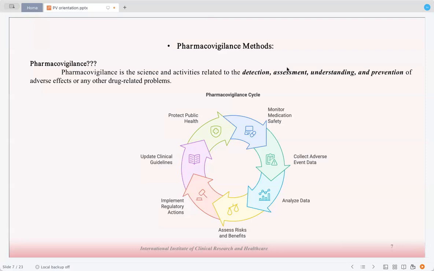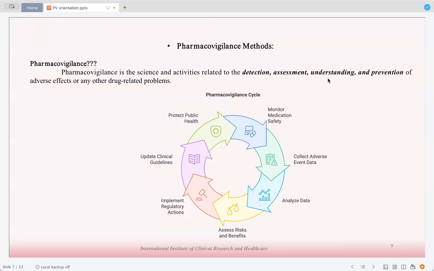The next step is the understanding. We need to understand the relationship between the event and the medication that the patient has taken. How frequently, how many of such events have been reported, or whether patients have any other underlying conditions.